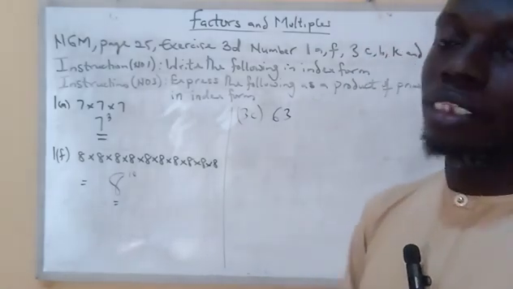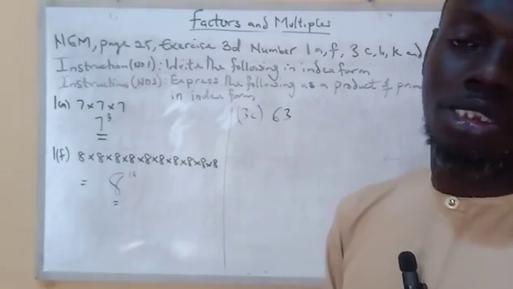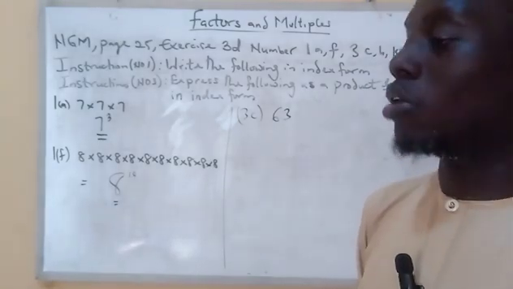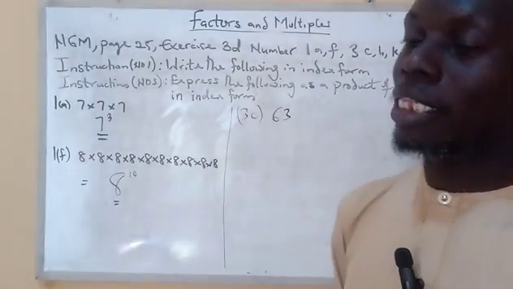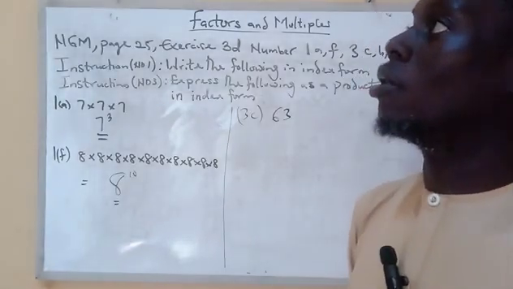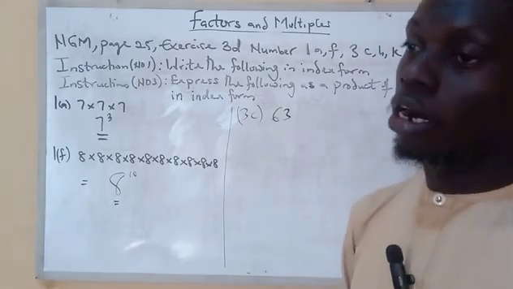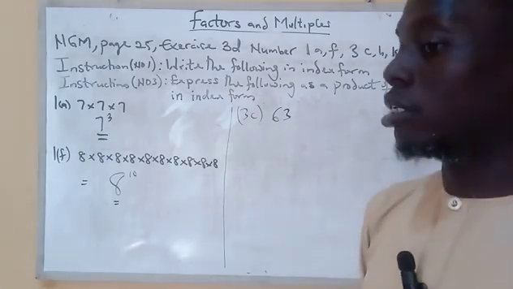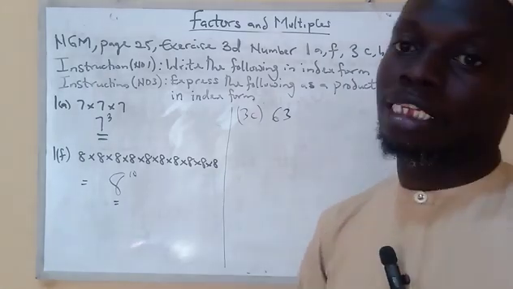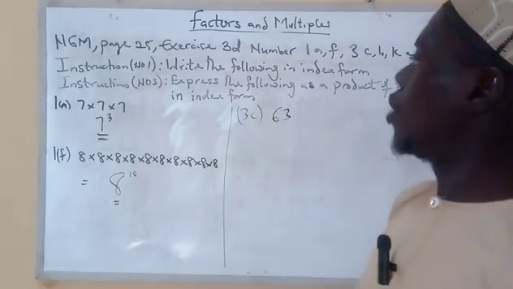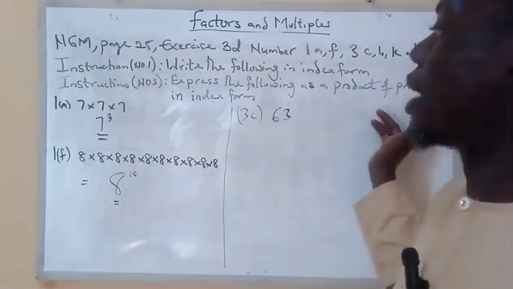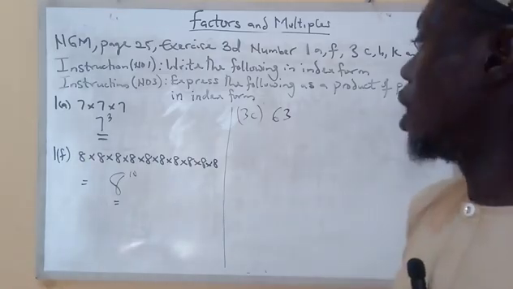A prime is a number that has 2 factors. Some also define it as a number that can only be divided by itself and 1, which is also stating the 2 factors, the 1 and the number itself. So how do we express this one as a product of primes in index form?